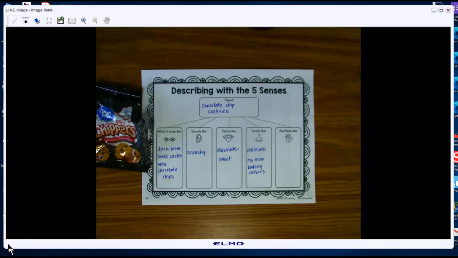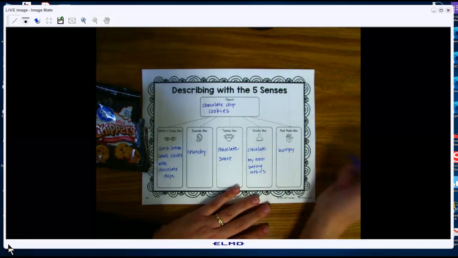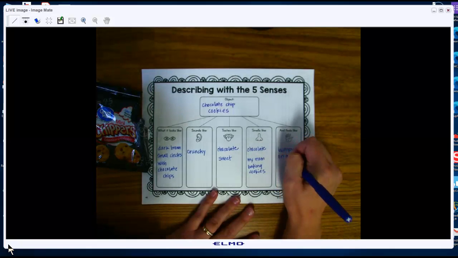What does it feel like, Sydney? Crumbs. Okay, that's not feel. Cooper? Bumpy. Bumpy, okay. It's a bumpy little thing. I put smooth on bottom, bumpy on top. Okay, bumpy on top and smooth on bottom.